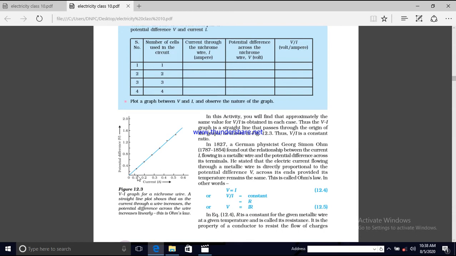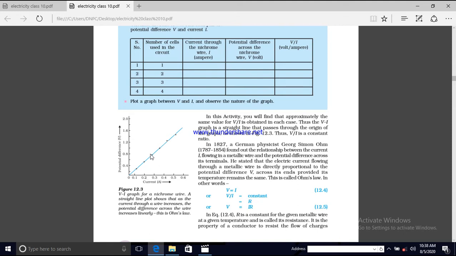Similarly, as you include two cells in the circuit, the potential difference will increase, to approximately 0.5 volt, and the current flowing in the circuit will become 0.2 ampere.